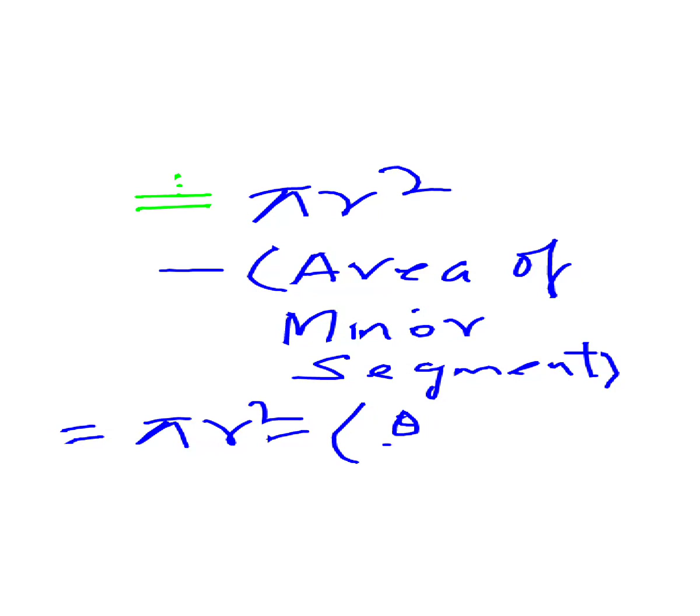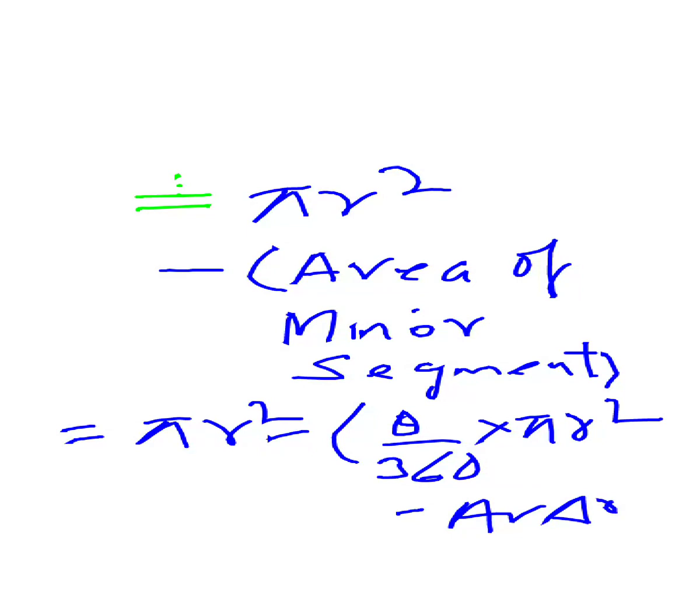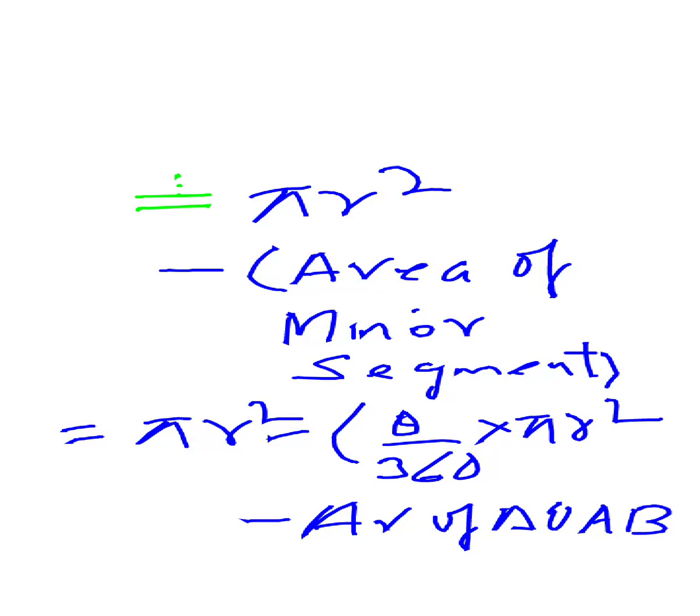Theta by 360 into pi r square minus area of triangle OAB. Okay, we'll close it like this.